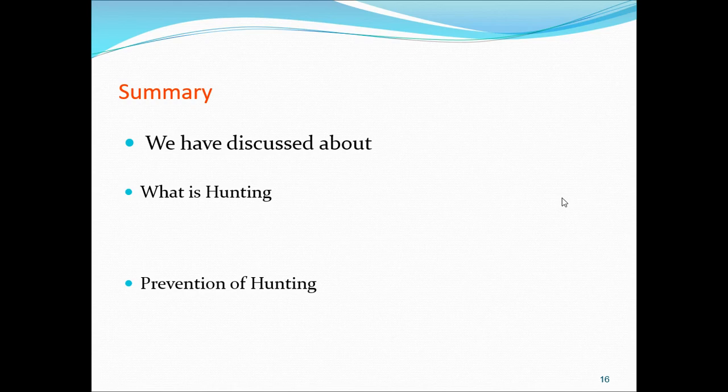This hunting may also be caused if the supply frequency is pulsating. So how can we reduce the hunting? By providing damper winding.